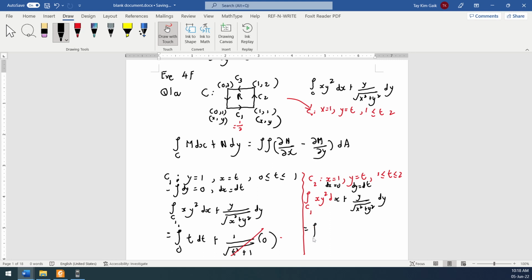On C2, t moves from 1 to 2. Replace x is 1, y is t, so it's 1 times t squared. Dx is 0, so the first integral is gone. Replace y is t, x is 1, so you have t over 1 plus t squared, dy is dt.